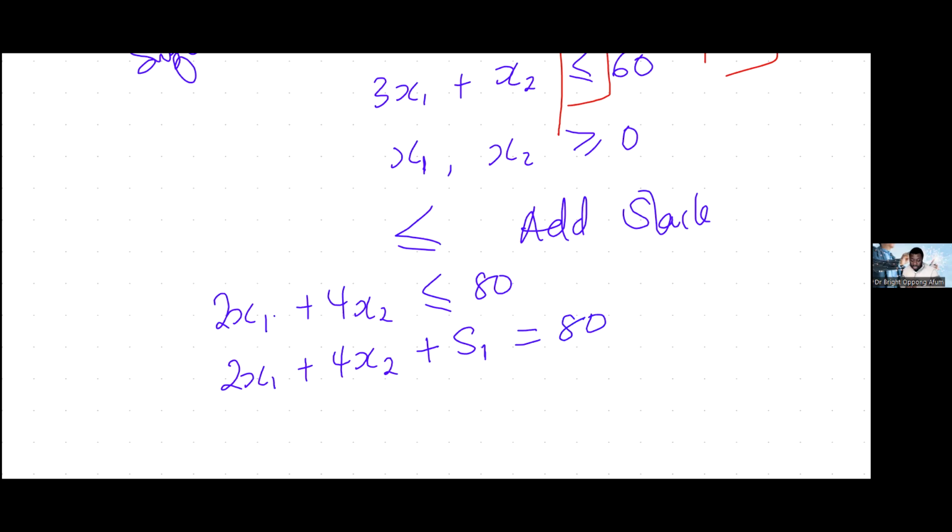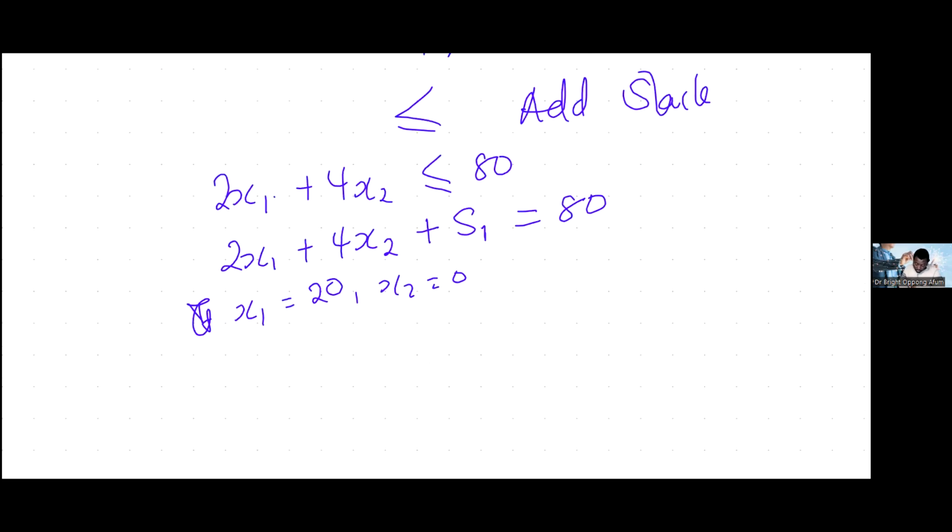So what this means is, assuming x1 attains a value, let's say 20, and x2 is equal to 0, then 2 times 20 plus 4 times 0 plus s1 is equal to 80.